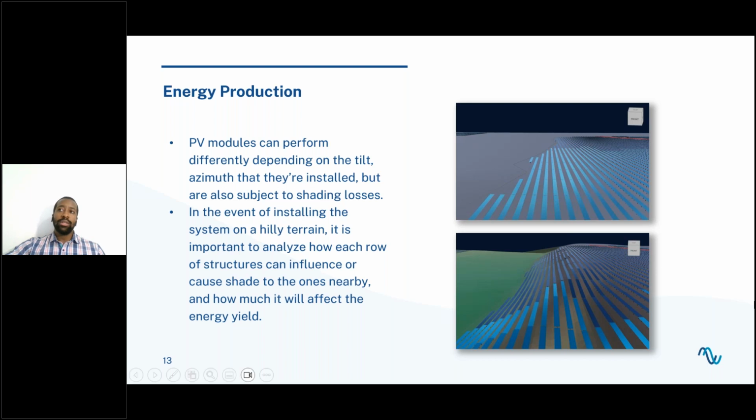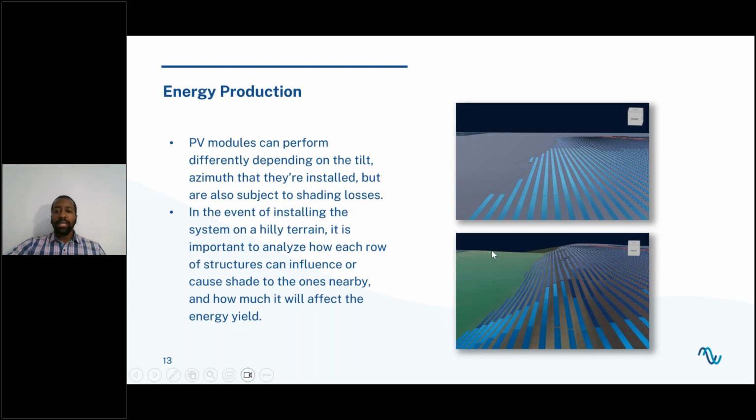If we take a look at these two examples, we'll see that the energy yield is going to be different in both cases. Both cases have the same capacity. But in the first one, the top one, we consider the terrain to be completely flat, so zero elevation, whereas in the second one, we maintain the elevation of the surface.